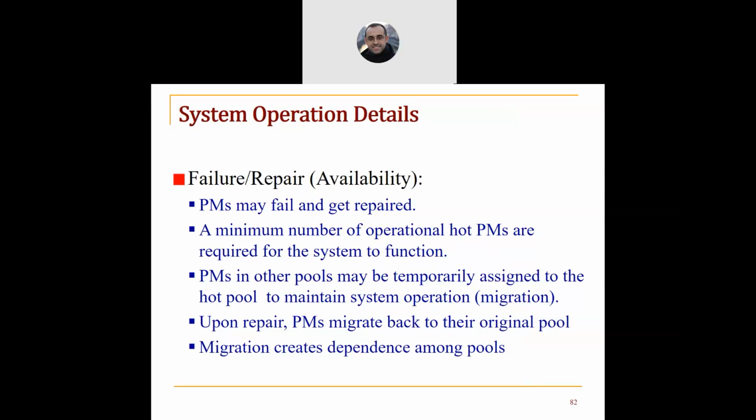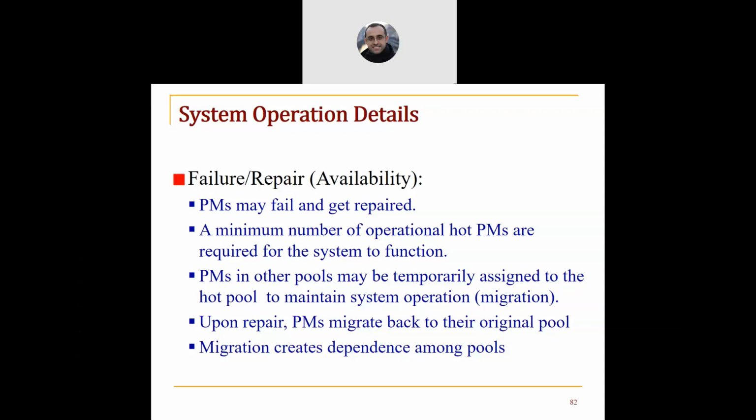And so if the number of physical machines in the hot pool goes below the minimal threshold, then physical machines from the warm or cold pool might migrate to the hot pool, and upon repair, they migrate back to the original pool.